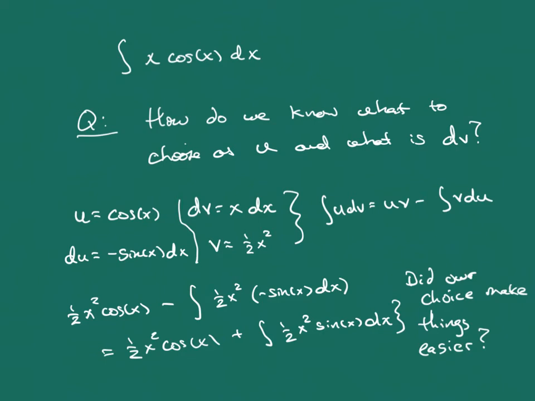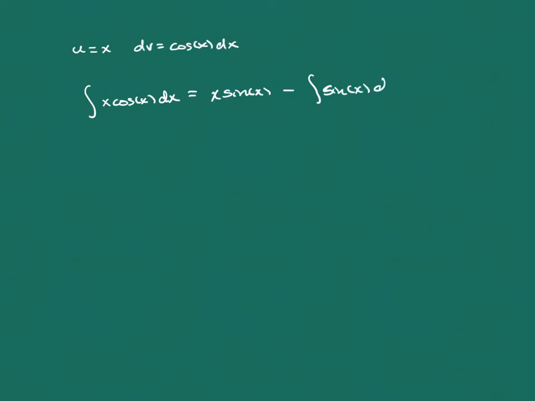Now, to put those choices side by side: if u was going to be x and dv was going to be cosine of x dx, then we ended up with our integral of x cosine of x dx equal to x sine of x minus our integral of sine of x dx.